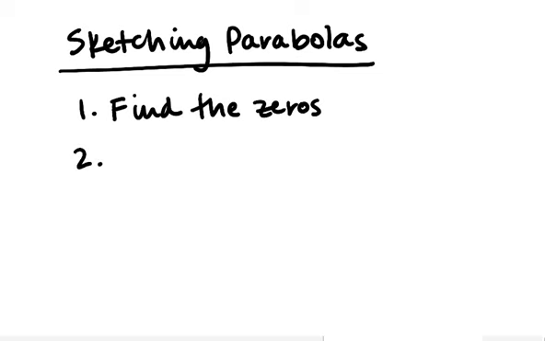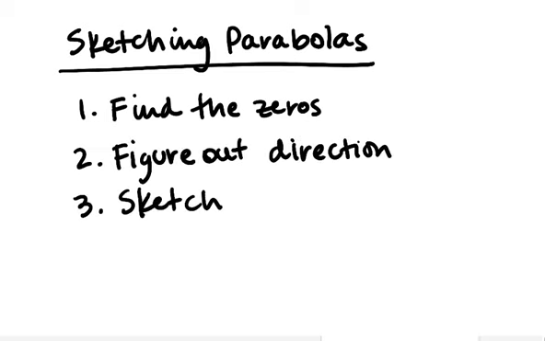And then the second order of business is to plot the zeros and draw a parabola that opens the correct direction. So figure out what direction the parabola opens, and then sketch.